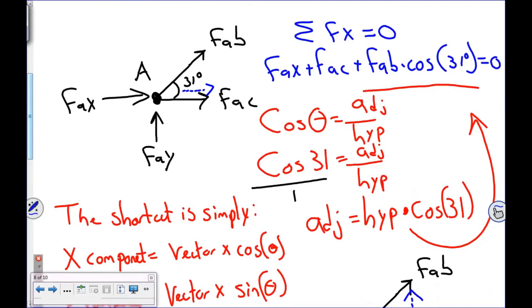So now it's the same thing that we did before, except we don't care about moments. It's just forces X, forces Y. That's it. So let's start right here. Sum of the forces X must equal 0.